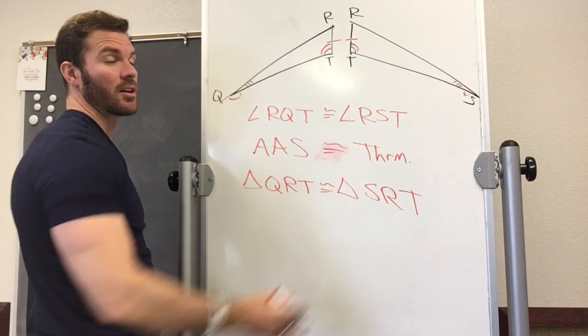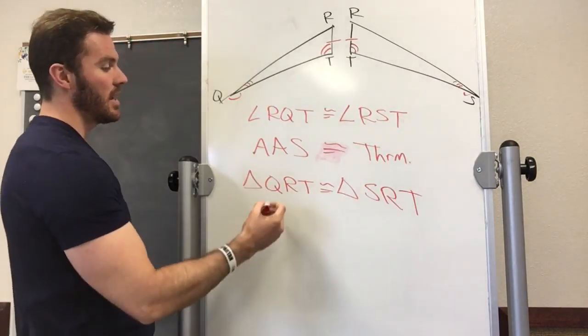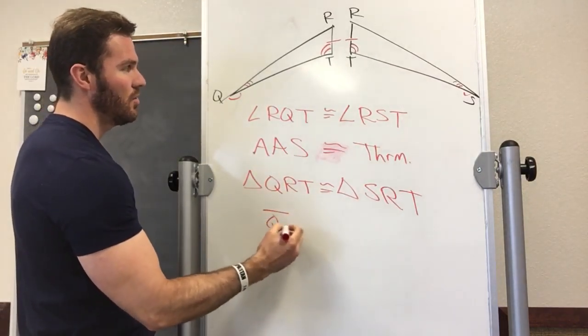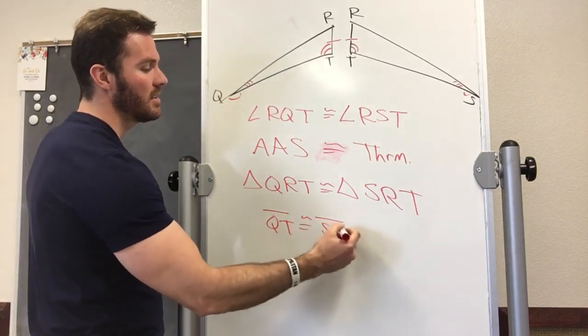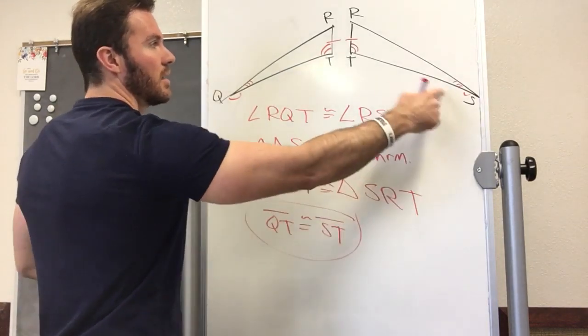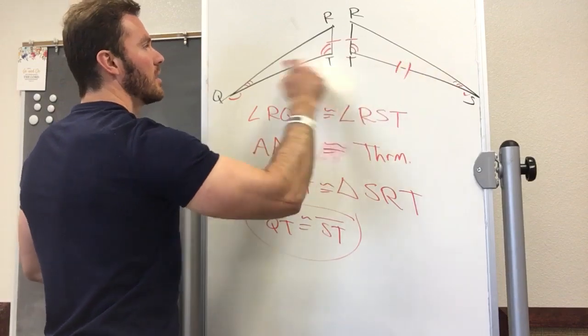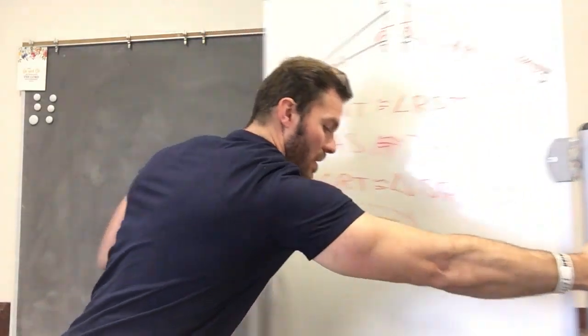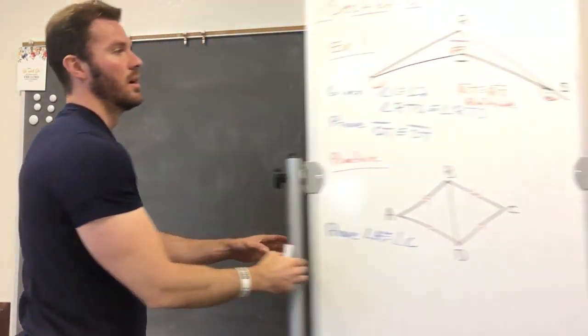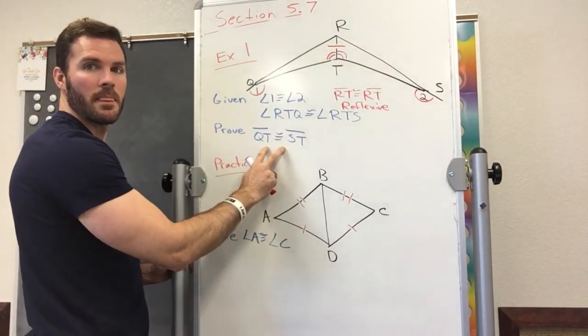And if those triangles are congruent, then we can say QT is congruent with ST. These are going to be congruent. And that's what we were trying to prove. Okay?